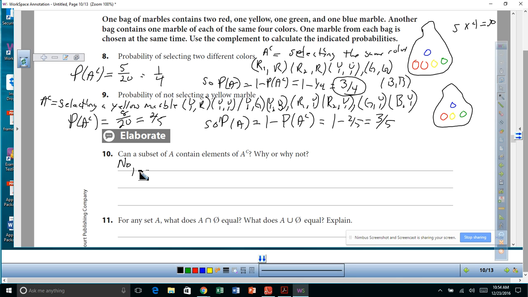Well, because by definition, the elements of a subset are contained completely within the parent set A, whereas none of the elements of the complement of a set A are in the set A by definition, and thus they cannot be in a subset of A. So by definition, they would not contain the same elements.